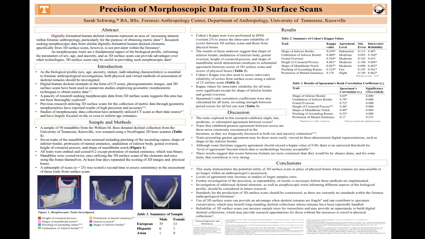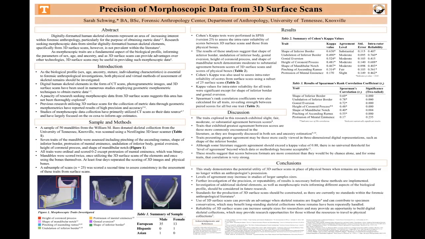From here, I will look at sex and ancestry traits using the cranium. Again, I'm looking at morphoscopic traits, and I'll see whether we can use virtual representations of the cranium to estimate sex and ancestry as a part of the biological profile.